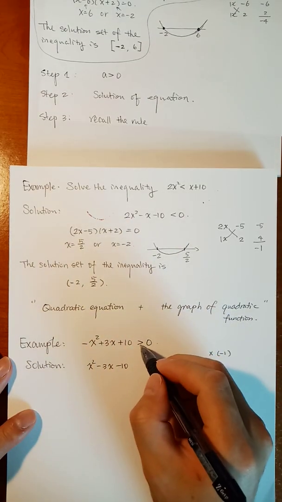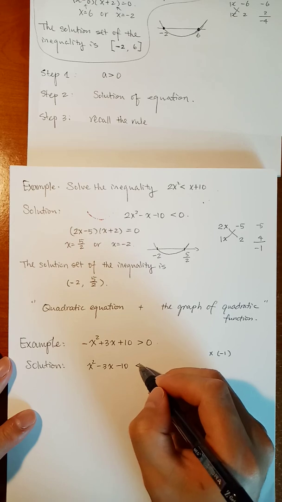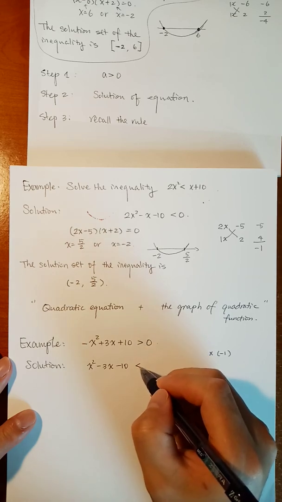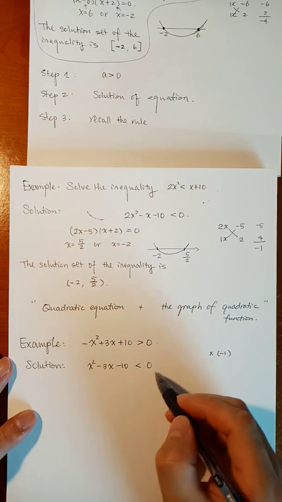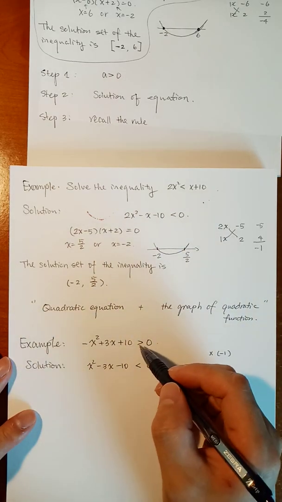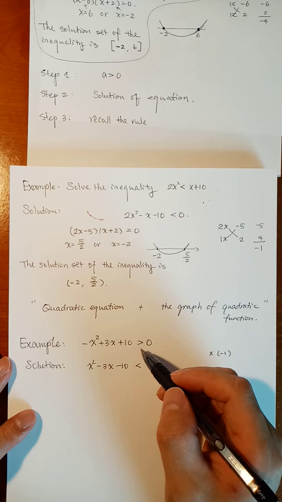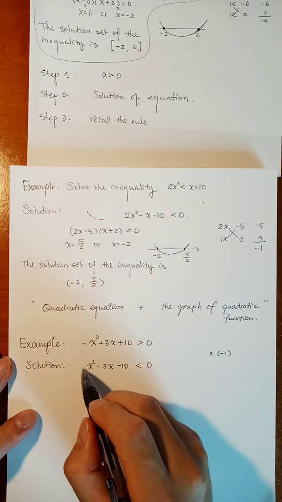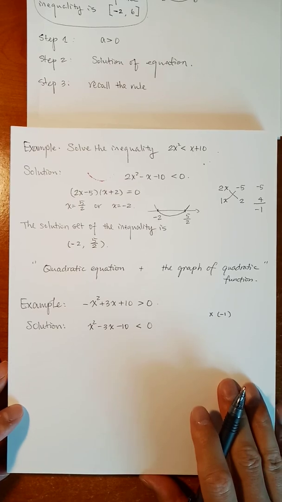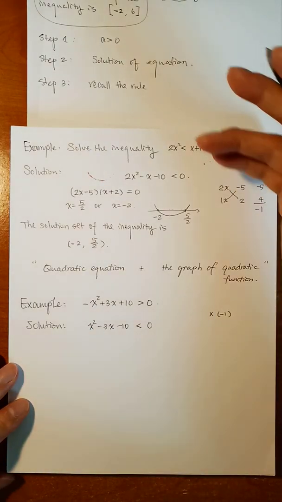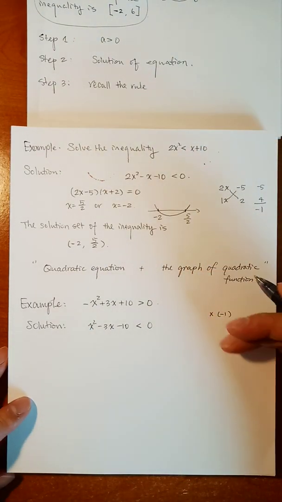And because you multiply the inequality by a negative number, you change it from greater than to less than. 0 times -1 is still 0. So you actually solve this inequality instead of the original inequality. This one is better because the leading coefficient is positive. The leading coefficient needs to be positive in order to apply the rest of the steps.